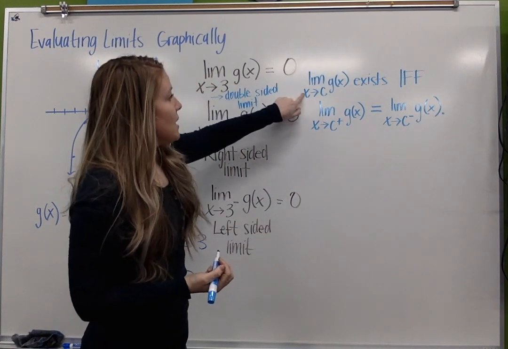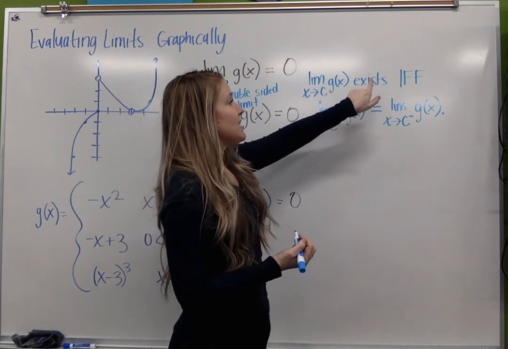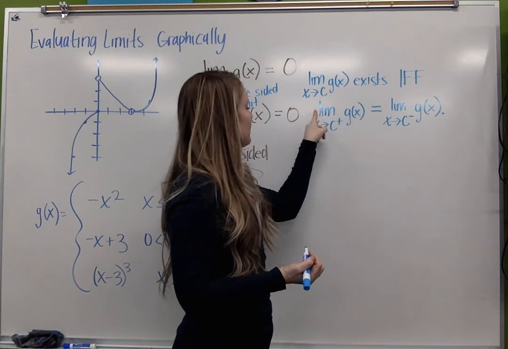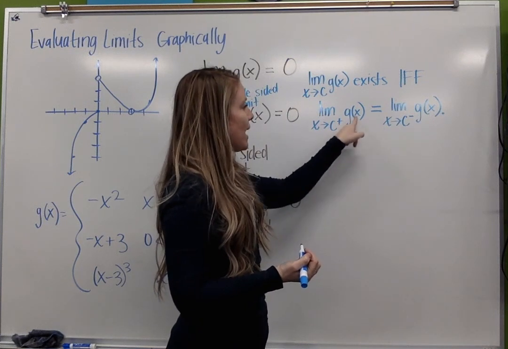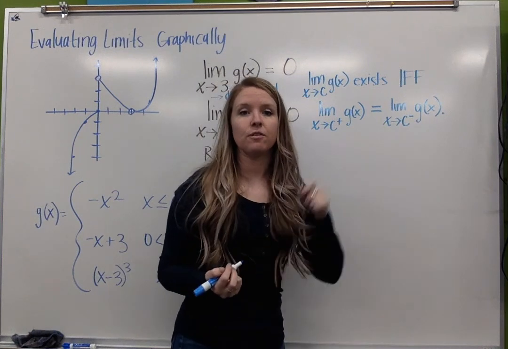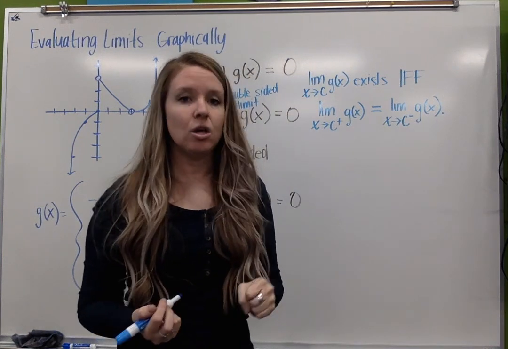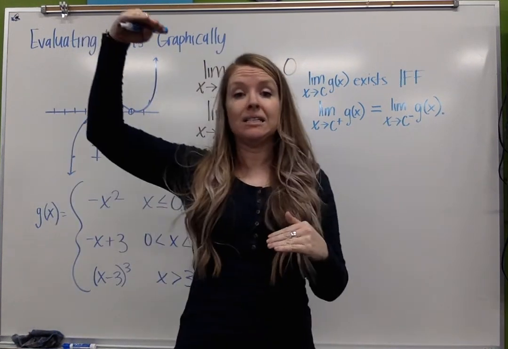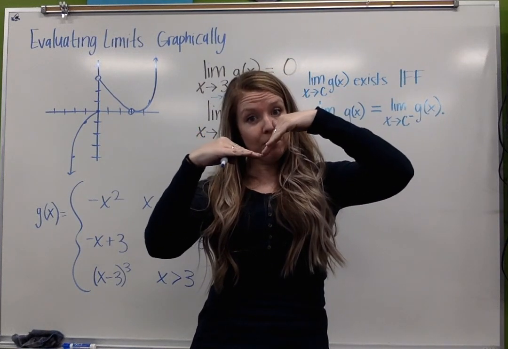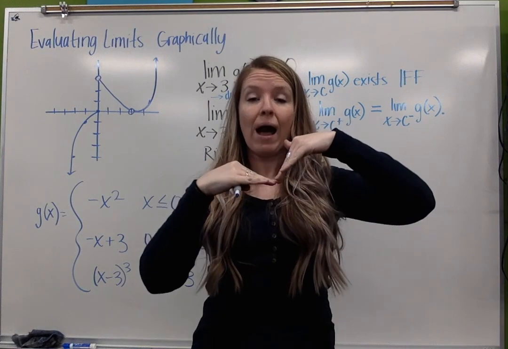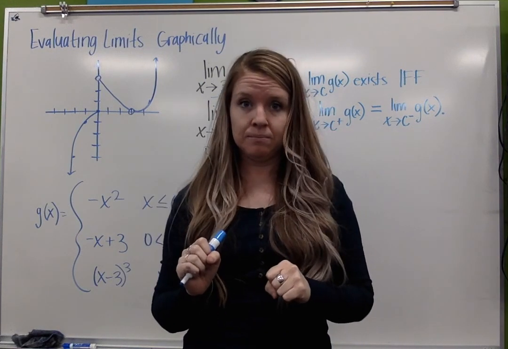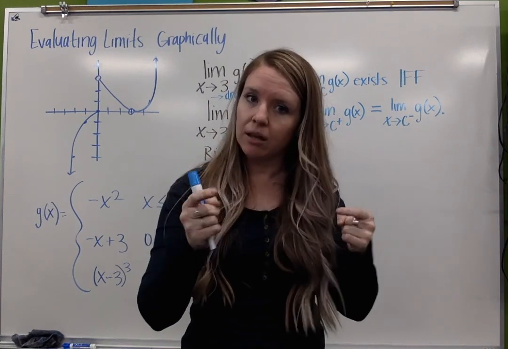What that's saying is if my left side and my right side limit don't match up, they don't approach the same y value, then the double-sided limit does not exist. All right, let's take a look.